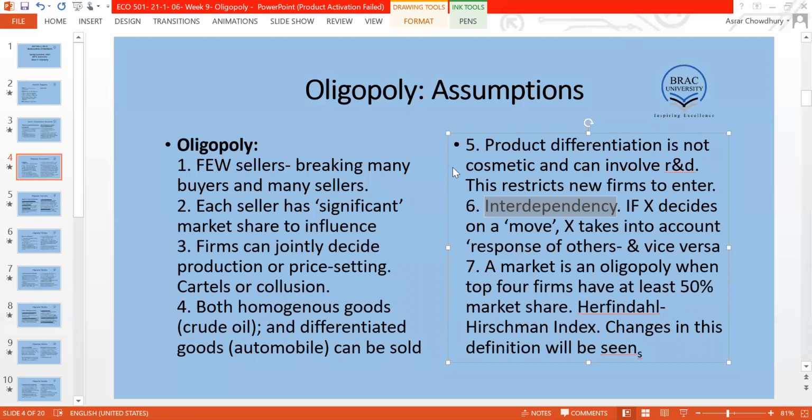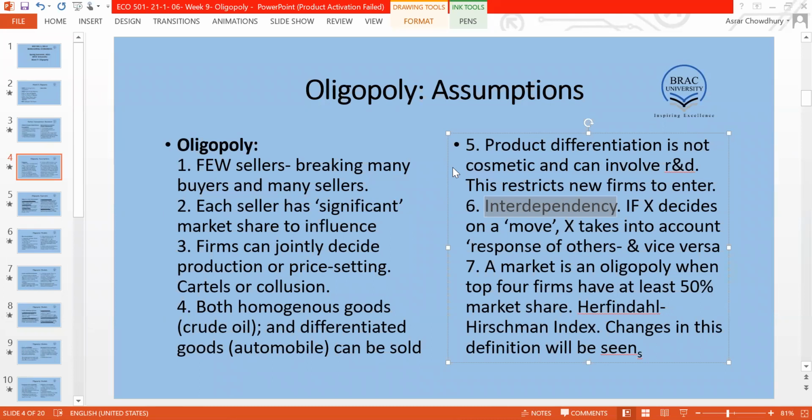Okay, what does interdependency mean? If X makes a move, let's say that he's playing a game, he takes into consideration the response of Y. For example, when we play chess, if I'm white, I make the first move, I definitely take into consideration the response or the set of responses that Y will make.